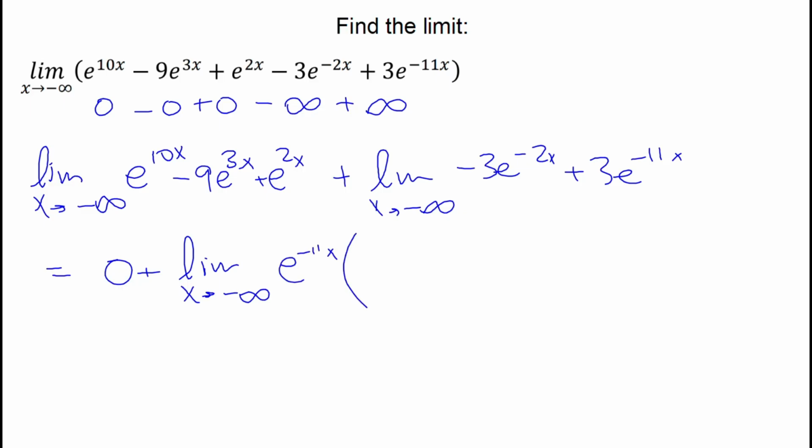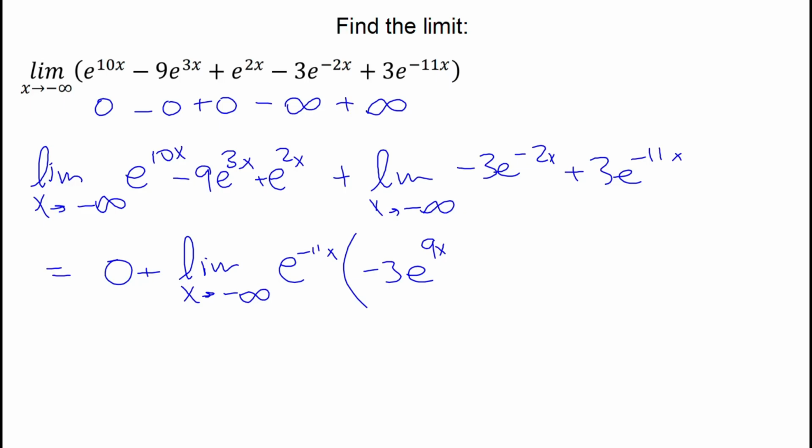Well, the negative 3 will still be there, and then it's going to be e to some power. And we have to remember how exponent rules work: when I distribute it through, when I multiply that by this e to whatever power, I need to get negative 3e to the negative 2x. And exponent rules say add those exponents when you multiply. So negative 11x plus 9x should be e to the negative 2x.